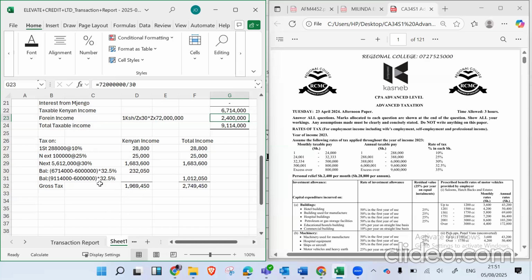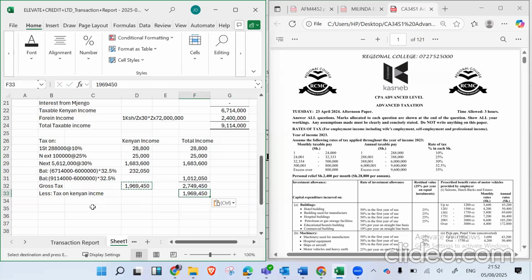Okay, let me continue so that it makes sense. Then after taking the total here, you appreciate kwa hapa ndani hata hii iko. Because this was tax on total income, and total income is both Kenyan and foreign. So therefore, we come and less tax on Kenyan income, which is this.